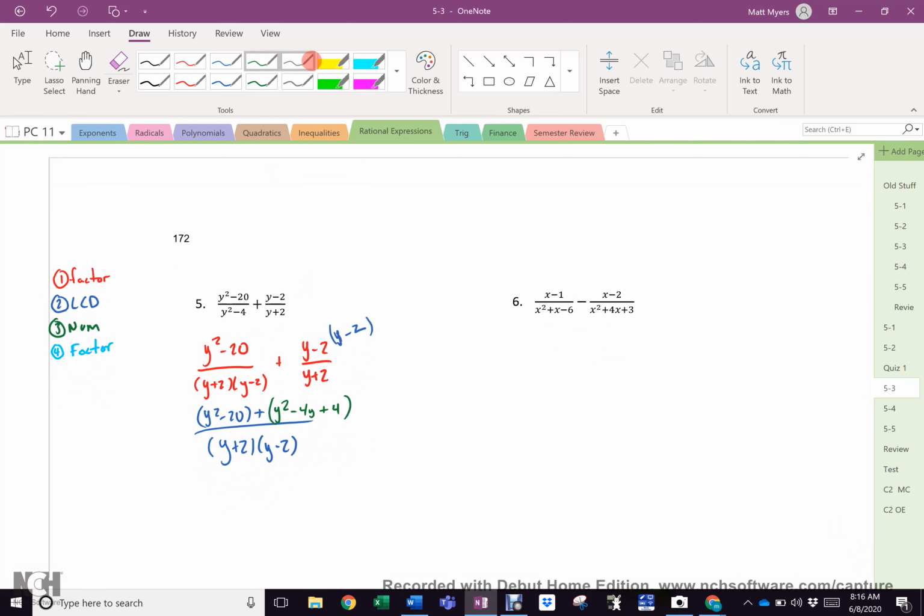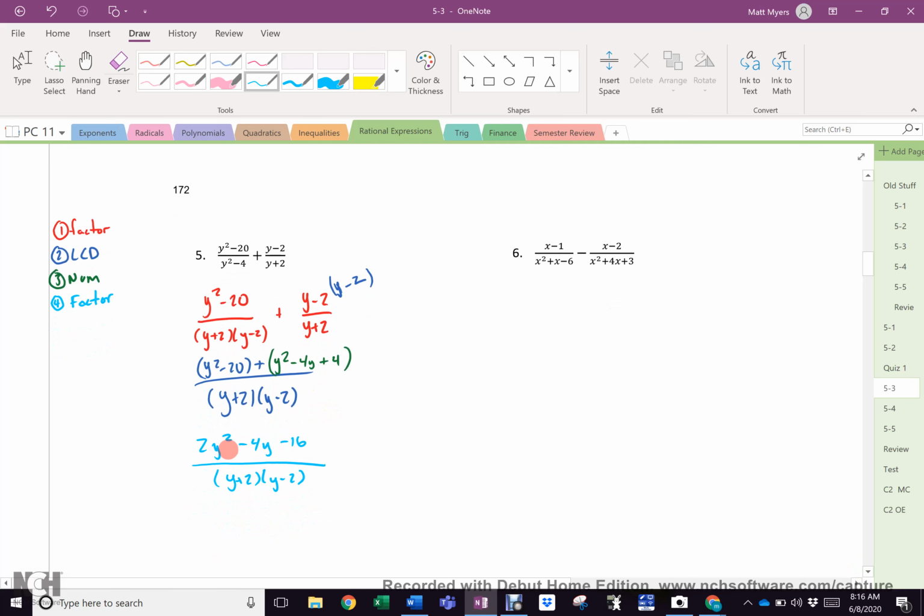And then we changed our denominators, so we better tidy this up because I see y squared plus y squared, 2y squared minus 4y, and then minus 20 plus 4 is minus 16 over y plus 2, y minus 2.